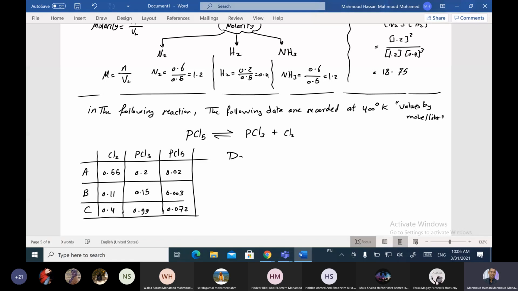Thus, do these values indicate the law of mass action, yes or no, with reason.